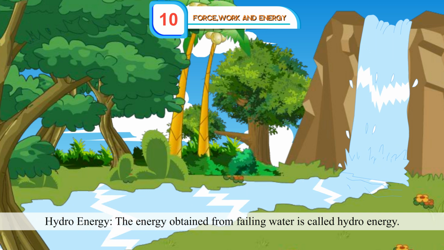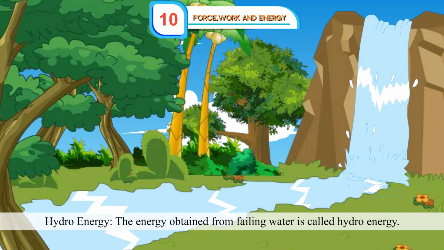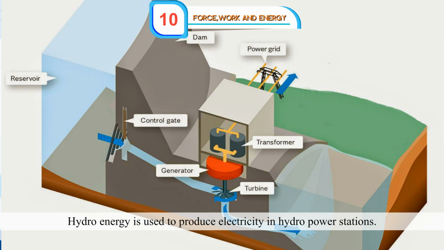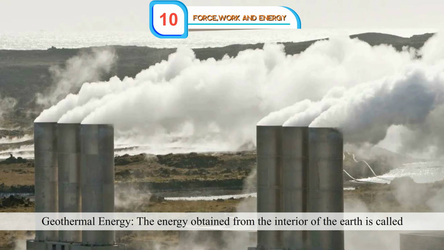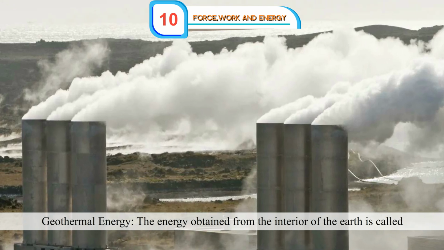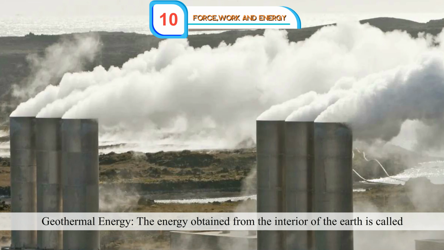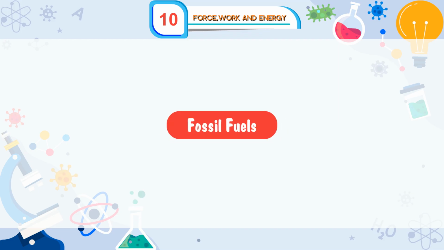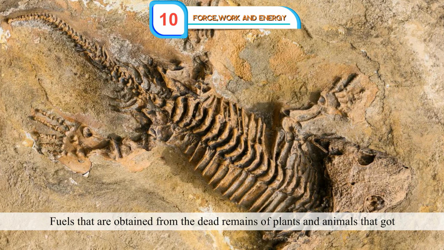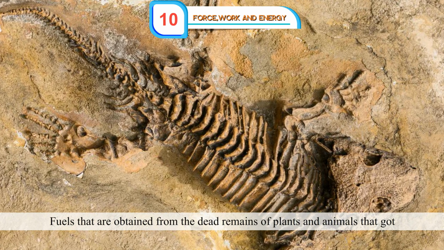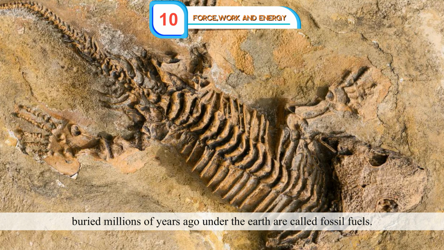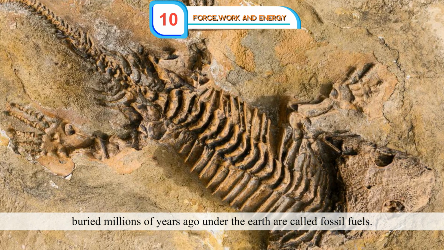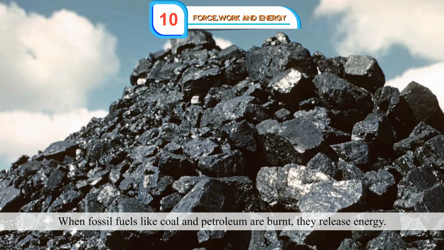Hydro energy. The energy obtained from falling water is called hydro energy. Hydro energy is used to produce electricity in hydropower stations. Geothermal energy. The energy obtained from the interior of the earth is called geothermal energy. Fossil fuels. Fuels that are obtained from the dead remains of plants and animals that got buried millions of years ago under the earth are called fossil fuels.